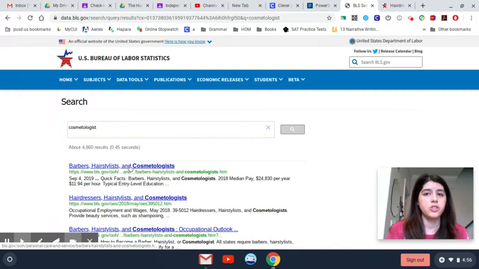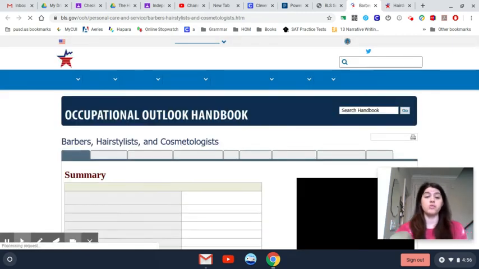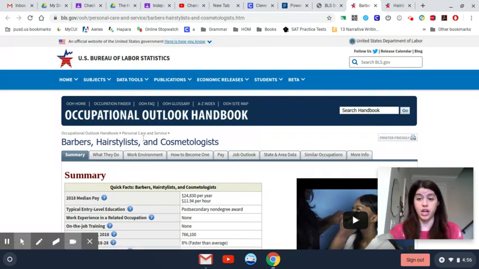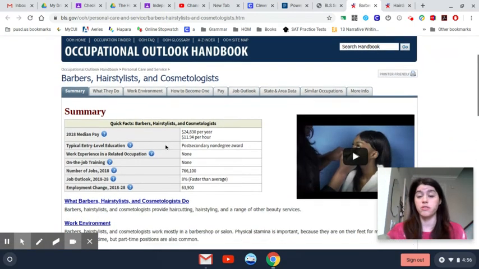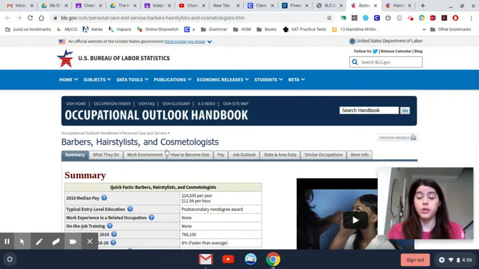Once you go to barbers and hairstylists, or whatever your career is, I'm going to click on that particular summary and that information that I know you're very familiar with on this page. So we're looking for the location. You're trying to figure out how to answer those questions in the location section of your outline.